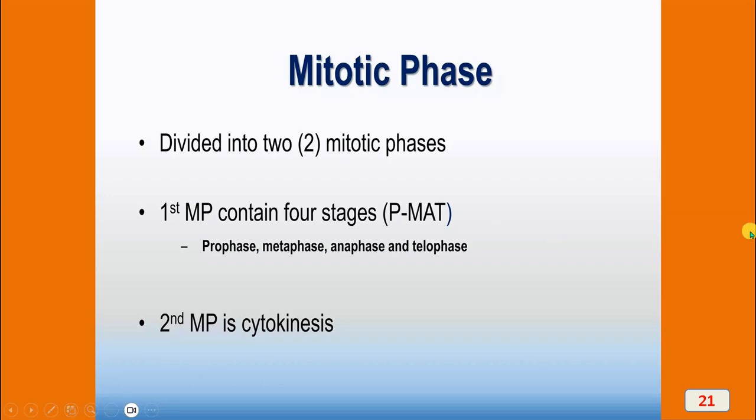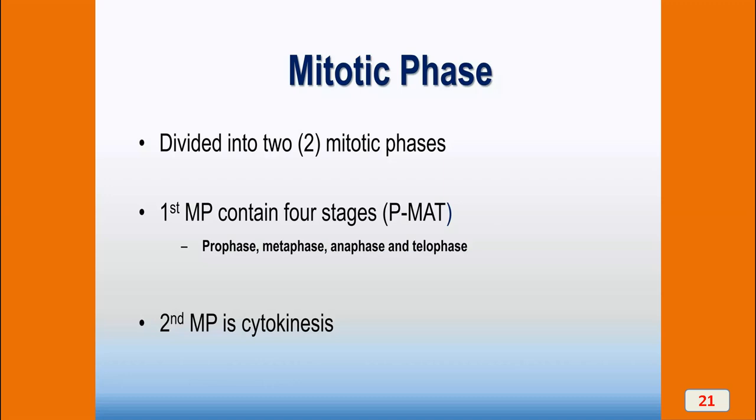The mitotic phase is divided into two further phases. The first mitotic phase contains four different stages, shortly known as PMAT: prophase, metaphase, anaphase, and telophase.